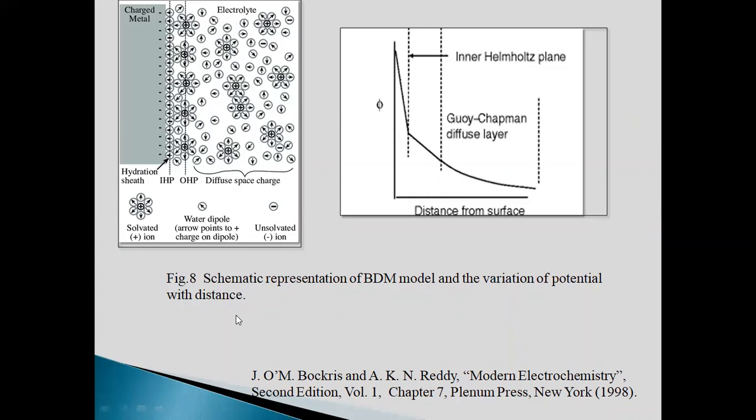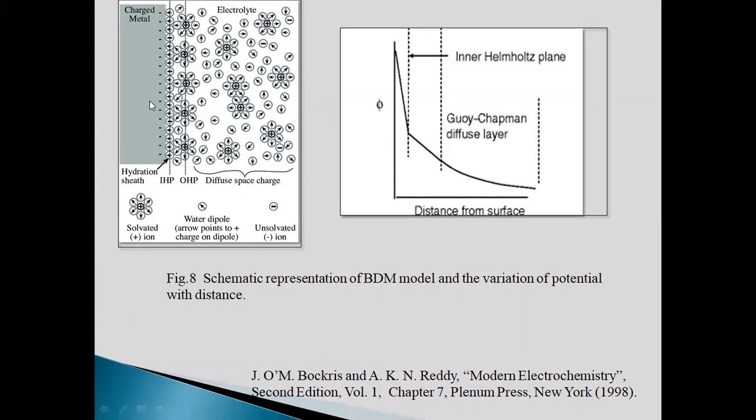This model is used to explain the orientation of the solvent molecules or the dipoles of the solvent molecules and their variation with the potential. So here this arrow represents the water dipole, and these are the solvated ions, and this is the charge on the metal surface.